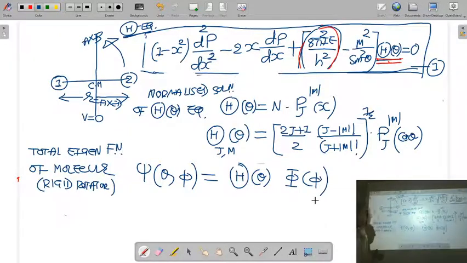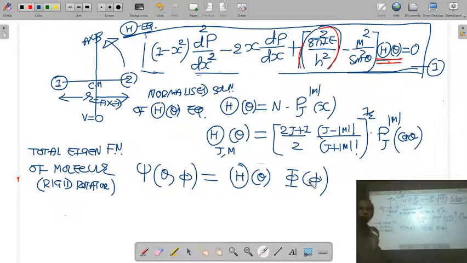So finally we write the total eigenfunction of the molecule or rigid rotator, psi(theta, phi), which is separated into two parts, theta part and phi part. We have solved the theta equation and the phi equation, and got the solutions of both.